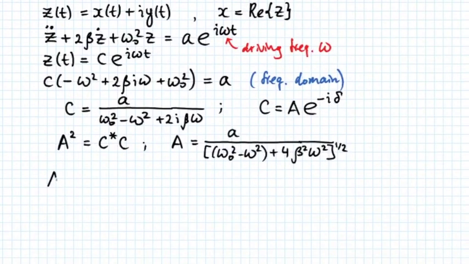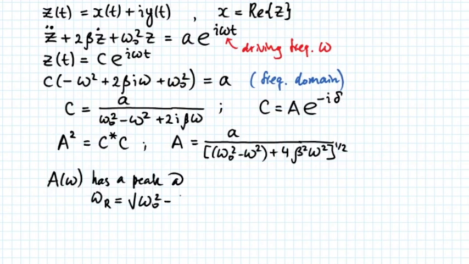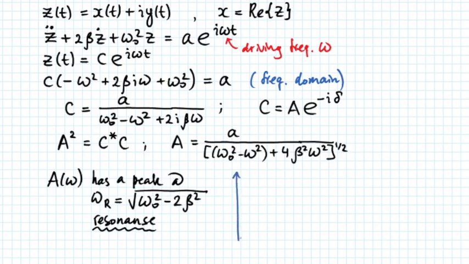We see that A is a function of omega. It has a peak at resonant frequency. In terms of dependence of amplitude A on driving frequency omega, at omega resonance, we have the maximum of this curve.